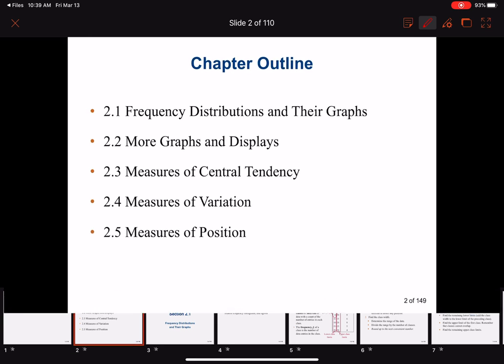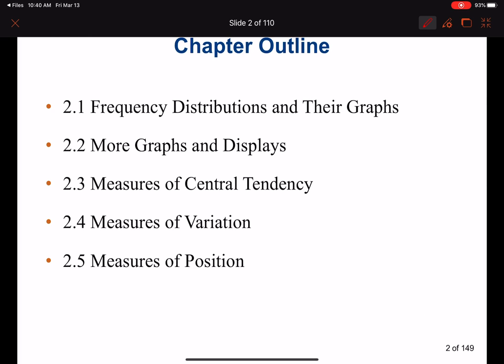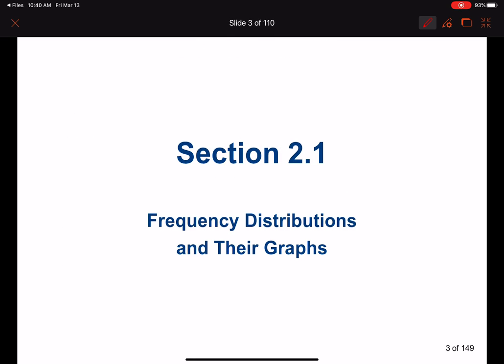So what am I going to cover here in chapter 2? Section 2.1, frequency distributions and their graphs; 2.2, more graphs and displays. I will cover central tendency, variation, position. Okay, let's go. Frequency distributions and their graphs, section 2.1.